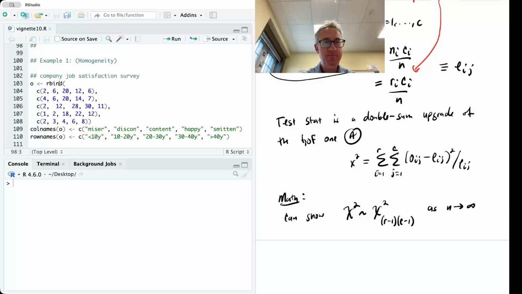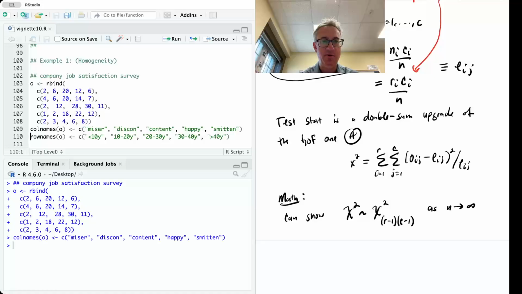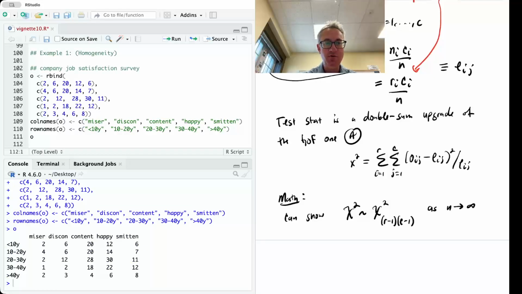So these data make a table that is about job satisfaction for different amounts of time or seniority in the position. So this O makes a table that I can just show you. Across the rows is seniority. We don't think of seniority as random, right? When you ask a person how old they are, they don't misremember. And if you look at an employee base from one year to the next, it's not going to be random who falls into these different age categories.